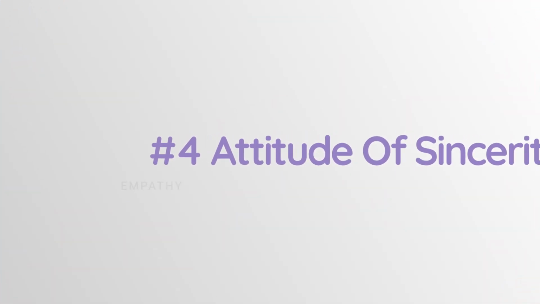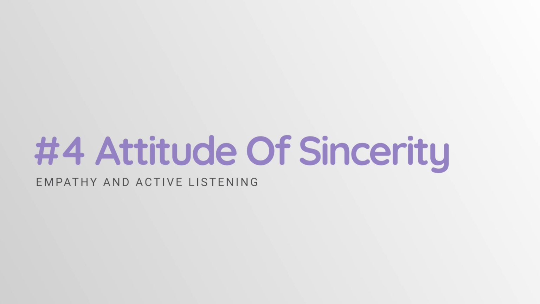The next apology language is demonstrating an attitude of sincerity. So this could look and feel a little bit similar to making restitution, because you want to make a plan, you're committed to doing something different to change your behavior. What's different about this one though is the way that it comes across, right? So our body language, our tone, the way we look at somebody, if we're making eye contact with them or if we're holding their hand and expressing sincerity.